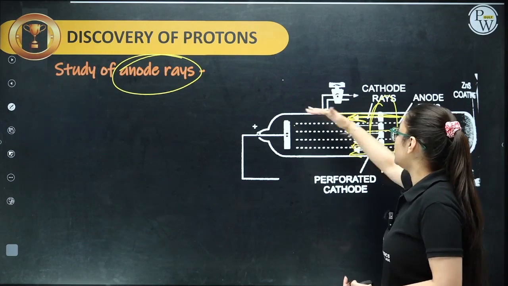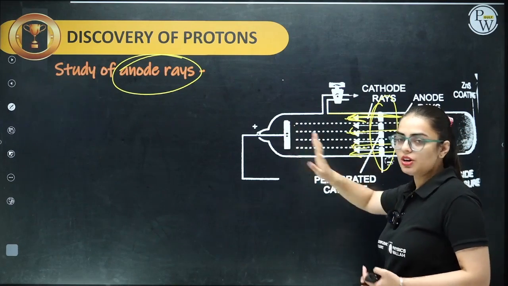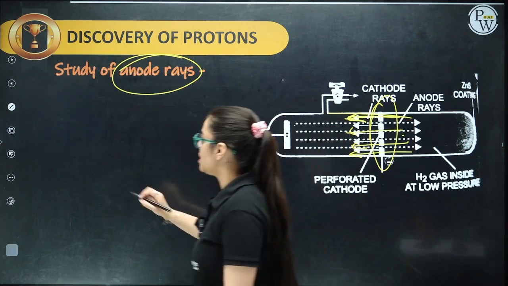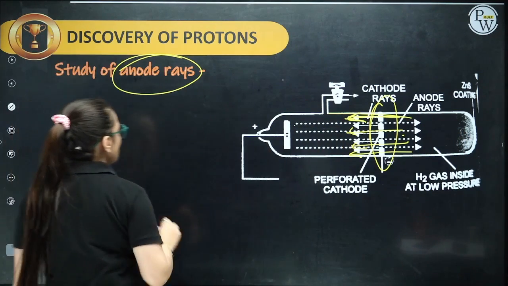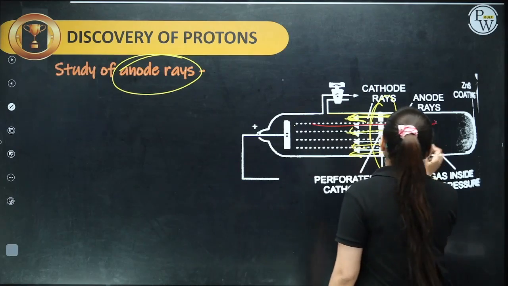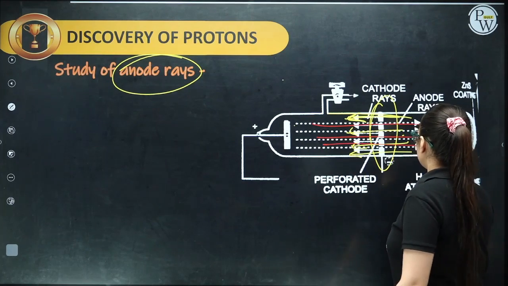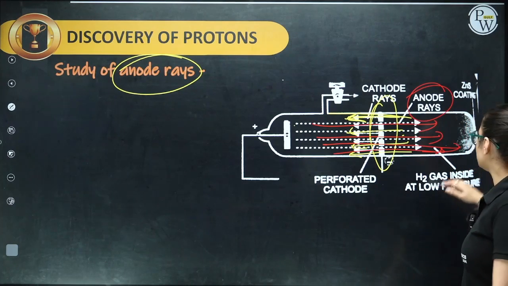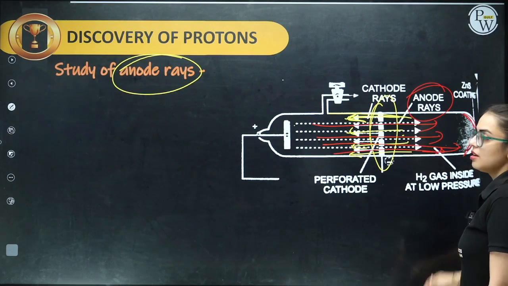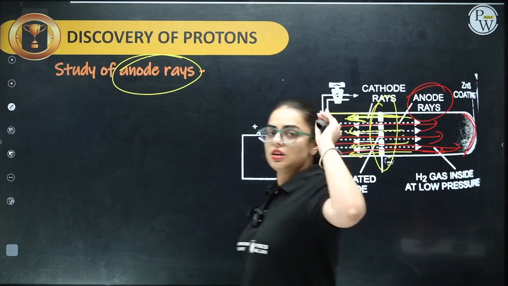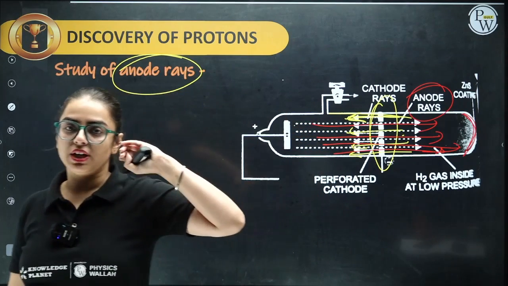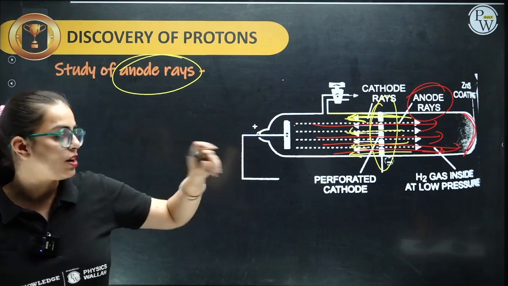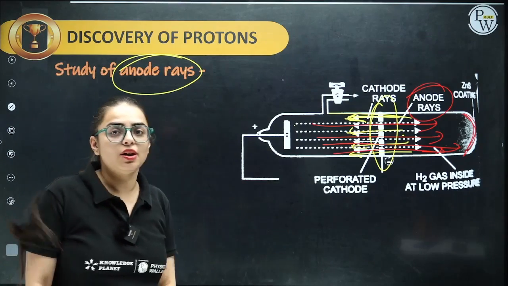Now, these are the cathode rays traveling from cathode towards anode, and there are some more rays which are traveling from anode towards cathode, which are referred to as your what? Anode rays. And at this ZnS coating, we are going to see the image it creates, the glow it provides over there, which illustrated that there are anode rays also.